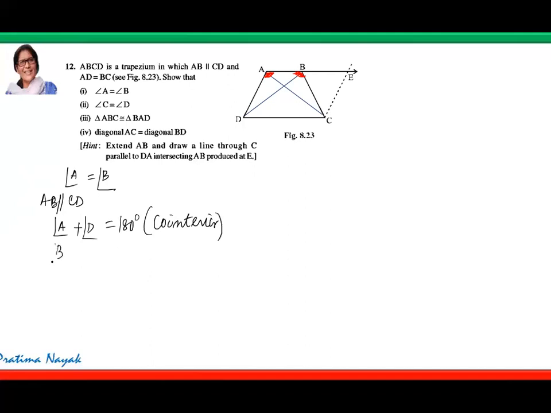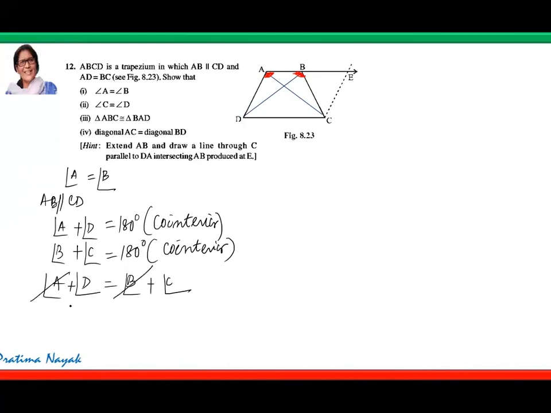Similarly, angle B plus C is equal to 180 degrees. They are also co-interior. Then A plus D is equal to B plus C. Both are 180, and A is equal to B, so I'll cancel. So angle D is equal to angle C. When A is equal to B, C will be equal to D.